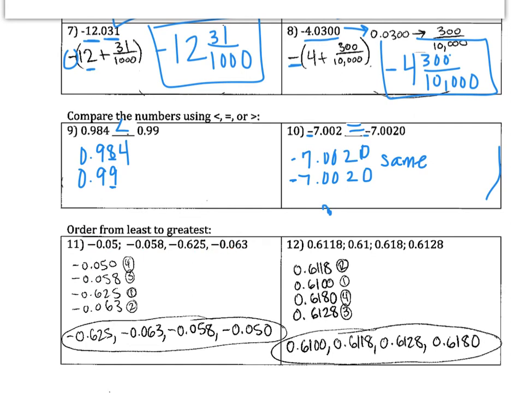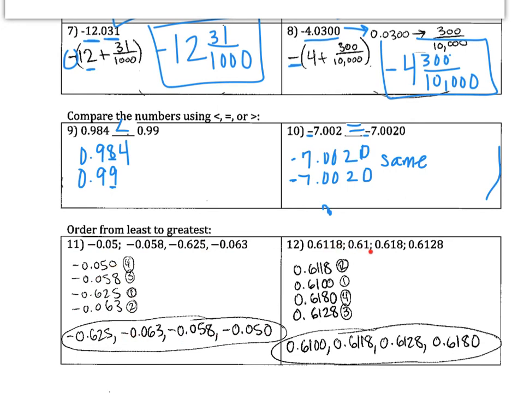So once we determine bigger and smaller, when we attach the negative, it's going to be the opposite of that. So this is going to be your lowest number, and it's going to go then in order of second, third, and fourth, and those are written out right here.